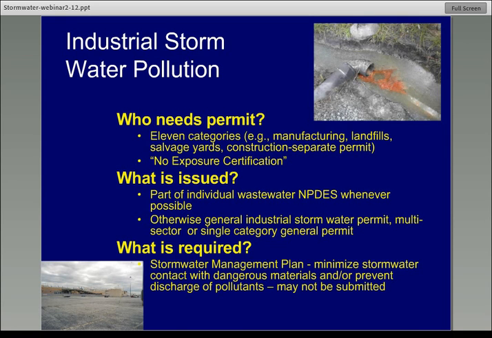And I encourage you to go to your state website on this, or EPA's list of all the different detailed elements of the 11 categories. When this permit was set up, there were certain standard industrial codes that were included and certain ones that weren't.